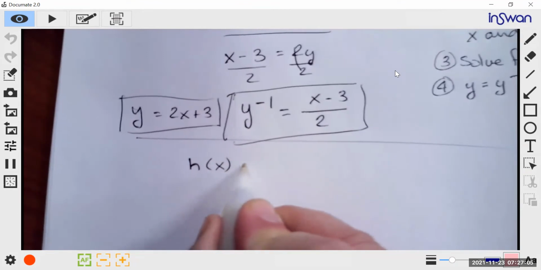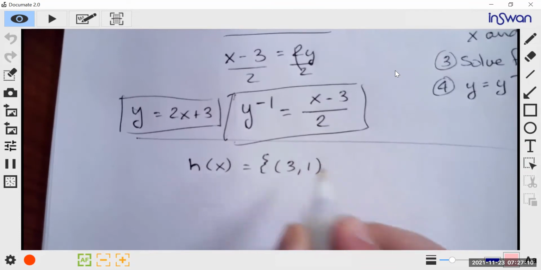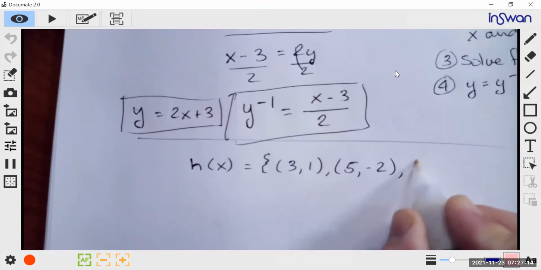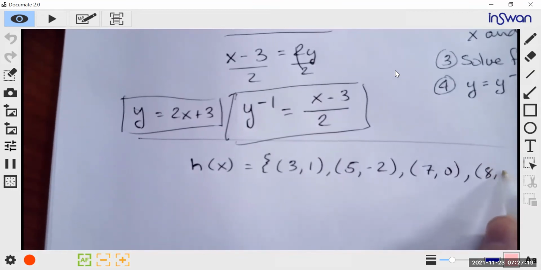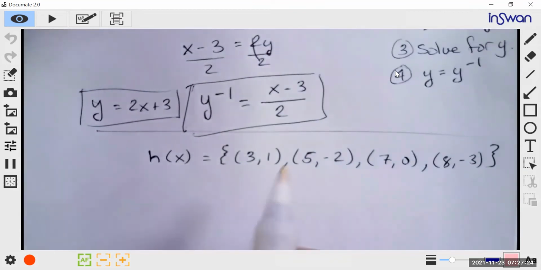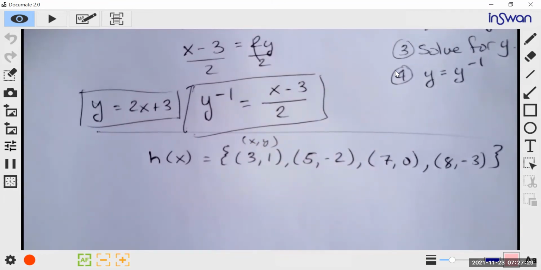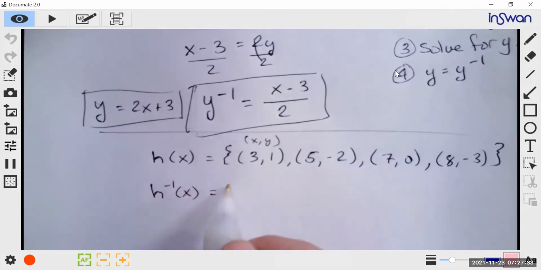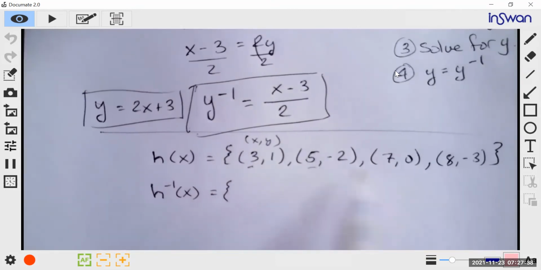What if I gave you a set of numbers? These are all points. Remember, this is x comma y. The inverse of a function. First off, we know it's a function because all of the x values are different.